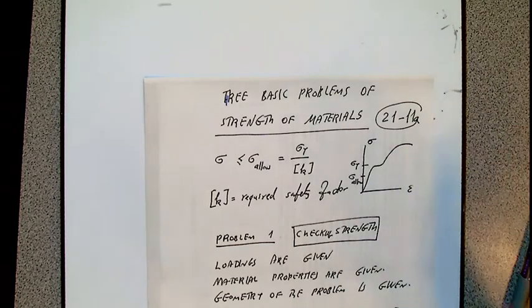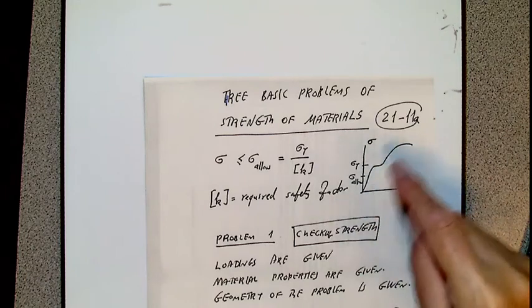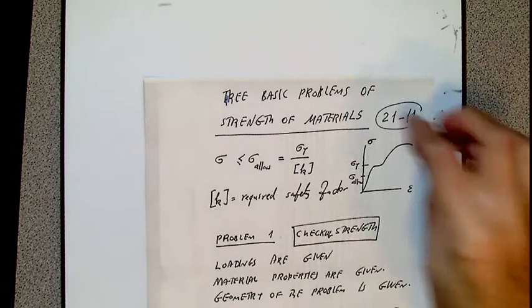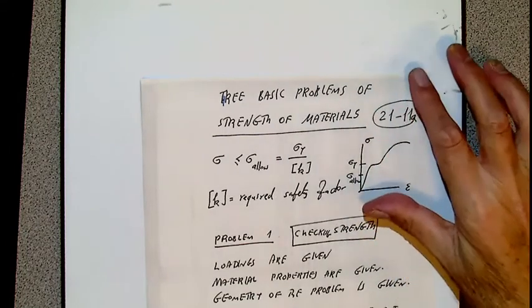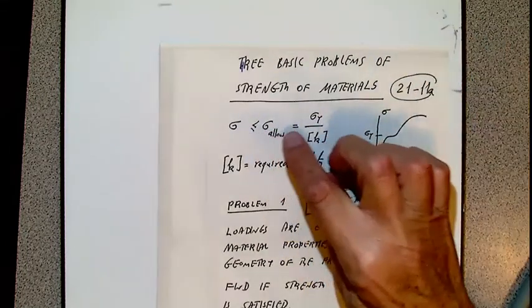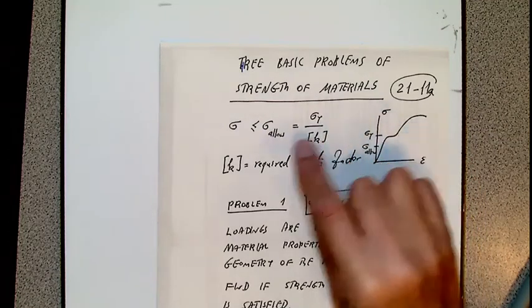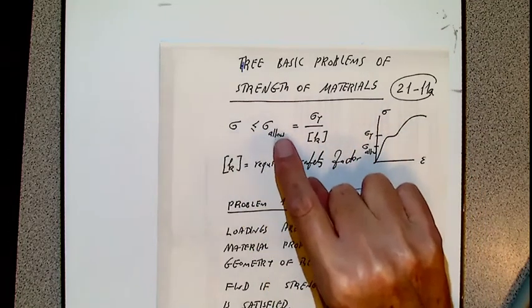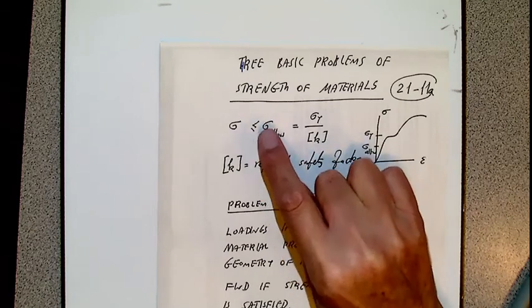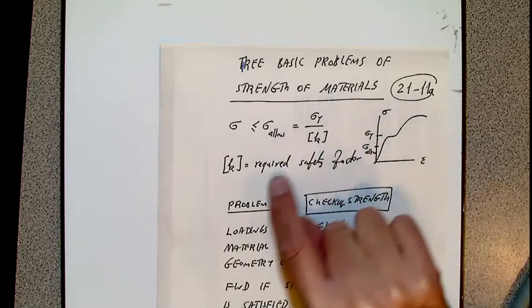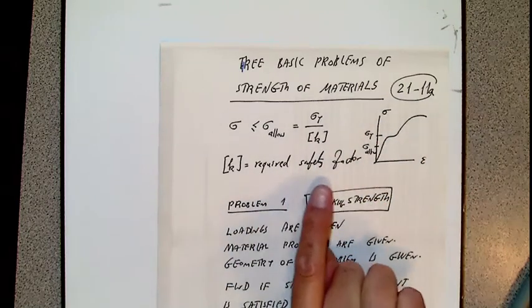Strength of materials and intermediate strength of materials. There are three types of problems in strength of materials, and they stem from this one innocent inequality: sigma should be not greater than sigma allowable, smaller or equal, and that equals sigma y divided by k, the required safety factor.